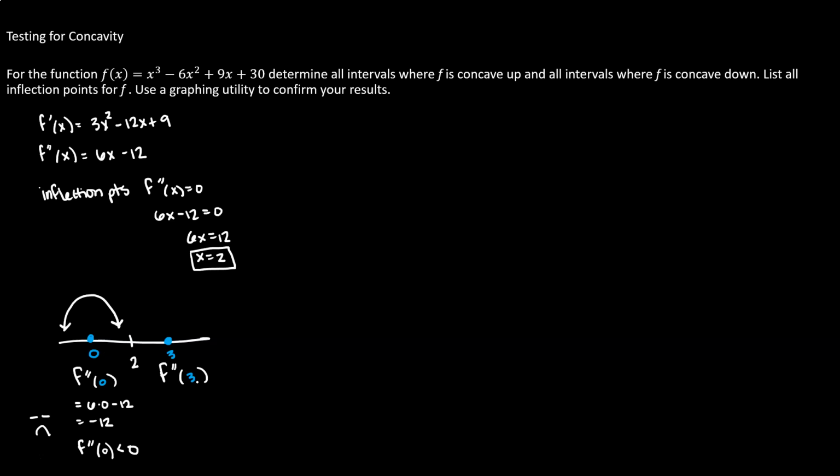And when we test our second derivative at positive 3, we get 6 times 3 minus 12, or 18 minus 12, which gives us a positive 6. So our second derivative at 3 is positive, meaning we have concave up.